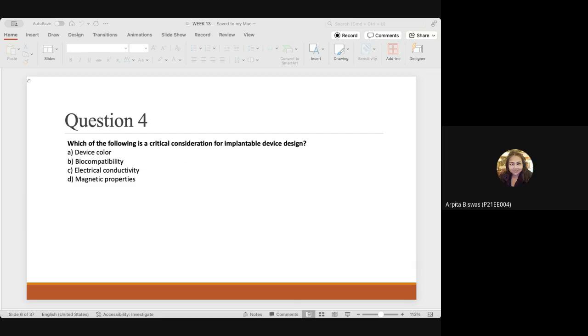Take your time. Go through the question carefully. Which of the following is a critical consideration for implantable device design?